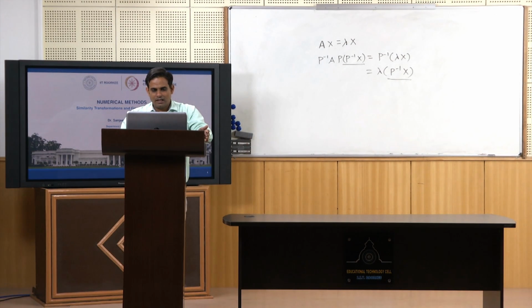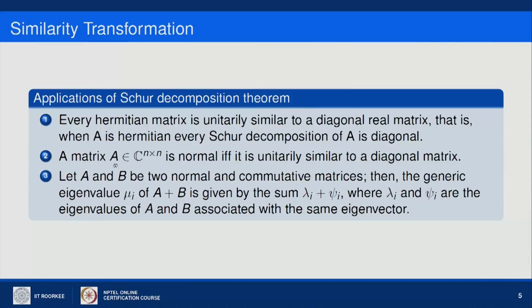When A is Hermitian, every Schur decomposition of A is diagonal. A matrix A, an n by n matrix with complex entries, is normal if and only if it is unitarily similar to a diagonal matrix. Moreover, from this lemma we can say that if A and B are two normal and commutative matrices, then the generic eigenvalue mu i of A plus B is given by the sum lambda i plus psi i, where lambda i and psi i are the eigenvalues of A and B associated with the same eigenvector.